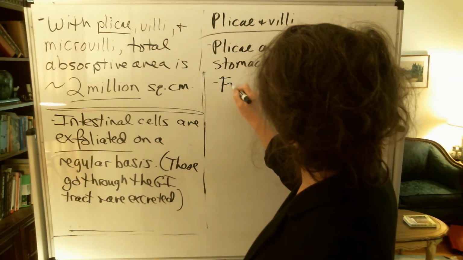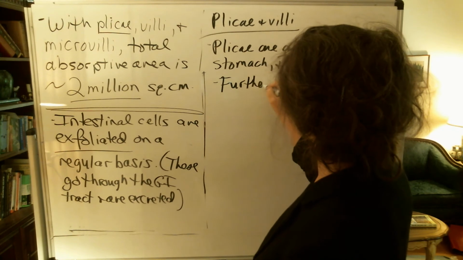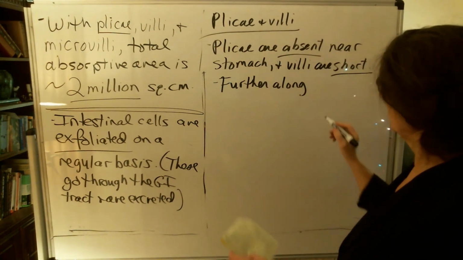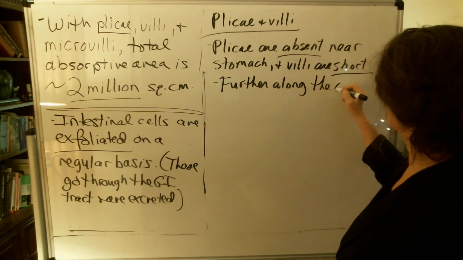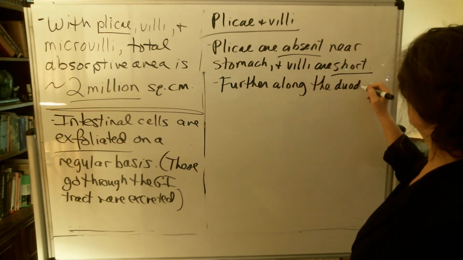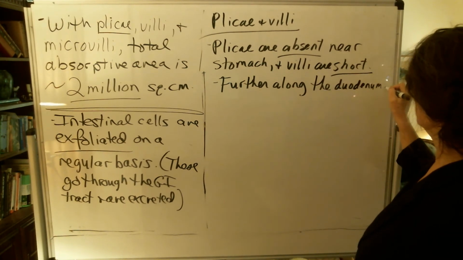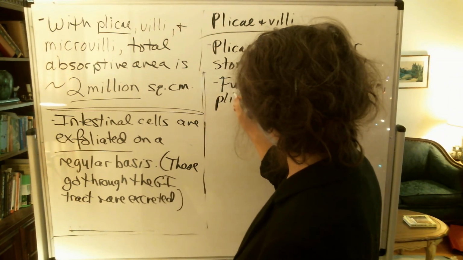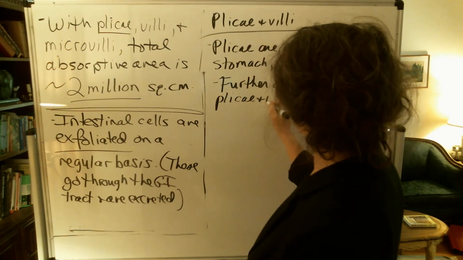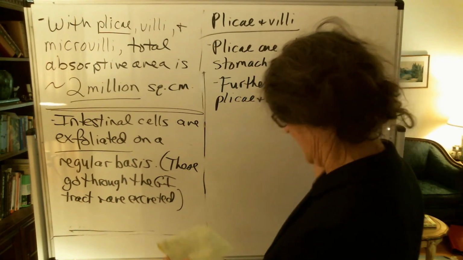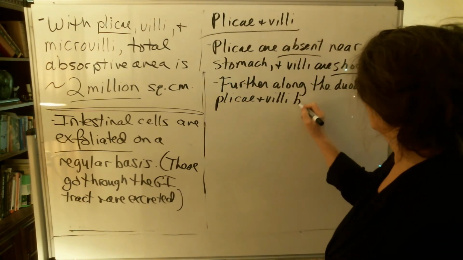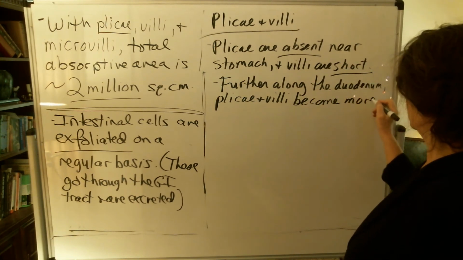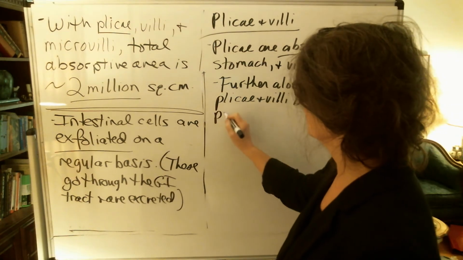And then further along the duodenum, the plicae and villi become more prominent.